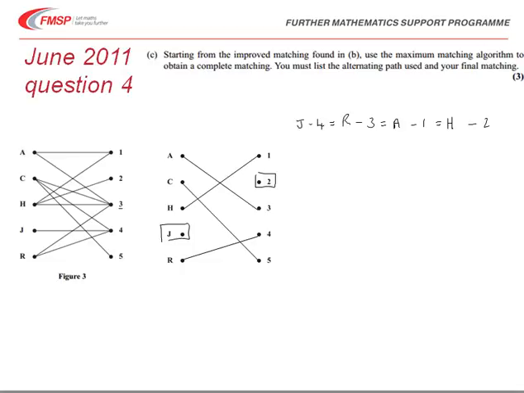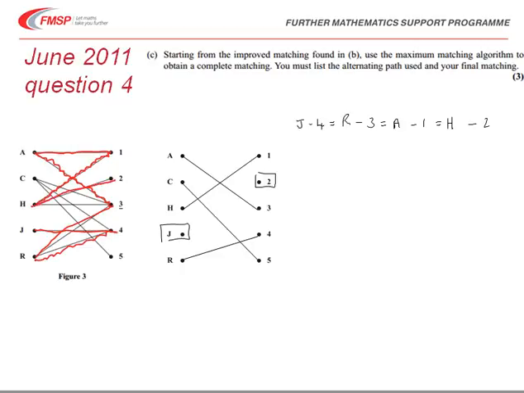Let me show you that on the diagram. Here we're going from J to 4, but that's currently matched with R. We can go from there to 3, which is currently matched with A. Go from A to 1, but 1 is currently matched with H. And then finally going to 2.